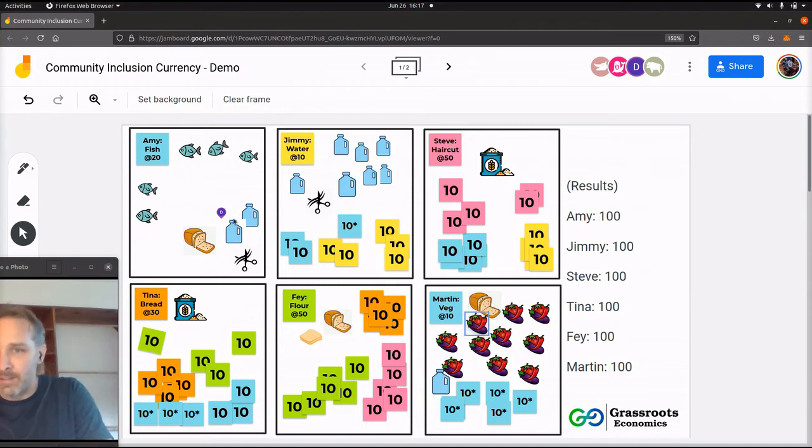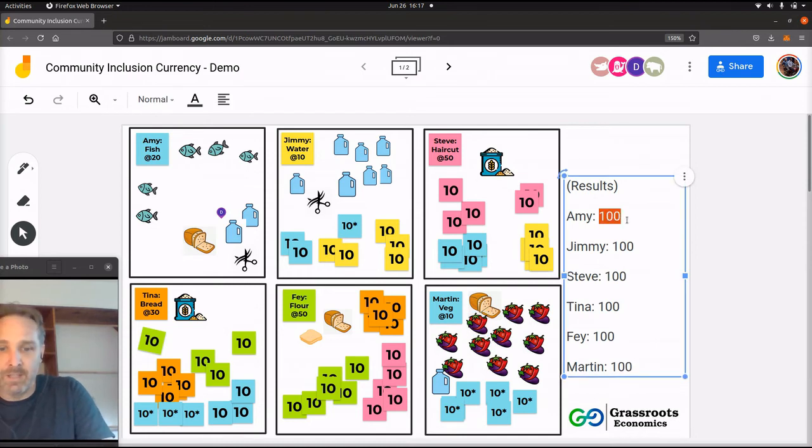So we would look at the board here and we say, okay, what does Amy have in terms of the community currencies? And she's got a big old 0. Jimmy's got 10, 20, 30, 40, 50, 60, 70, 80. Steve has got 150.